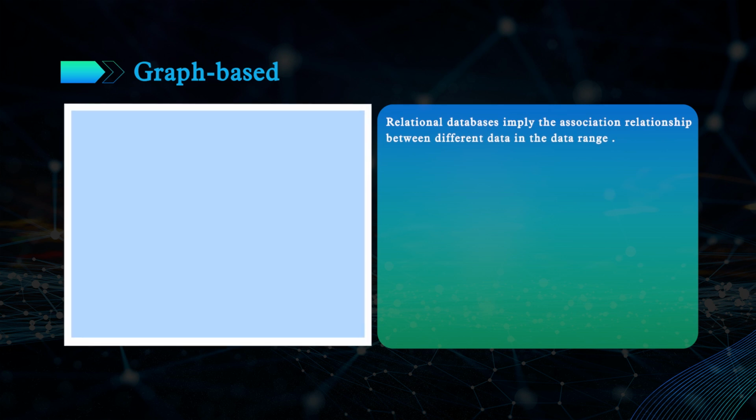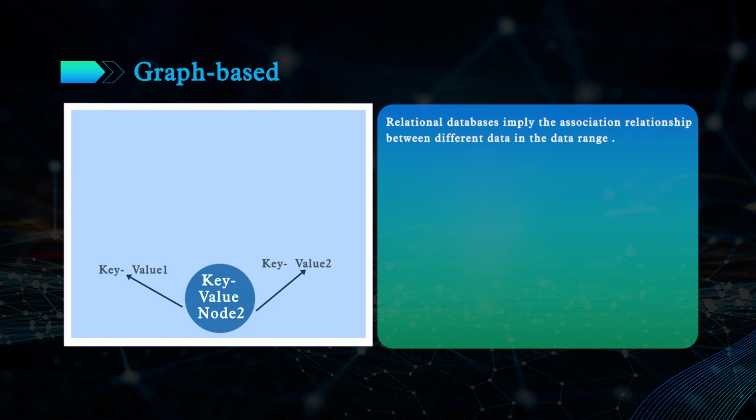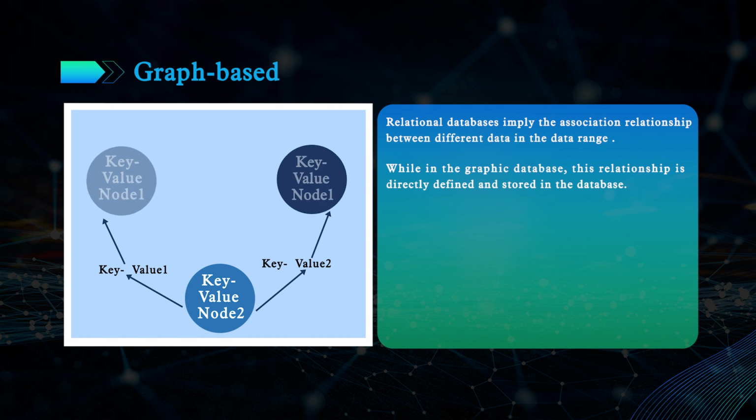Relational databases imply the association relationship between different data in the data range, while in the graph database, this relationship is directly defined and stored in the database. Traversing relationships is fast, as they are already captured in the database, and there is no need to calculate them.